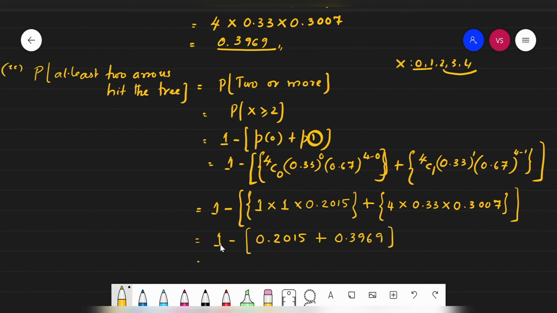So it is 1 minus 0.2015 plus 0.3969, which is 0.5954.